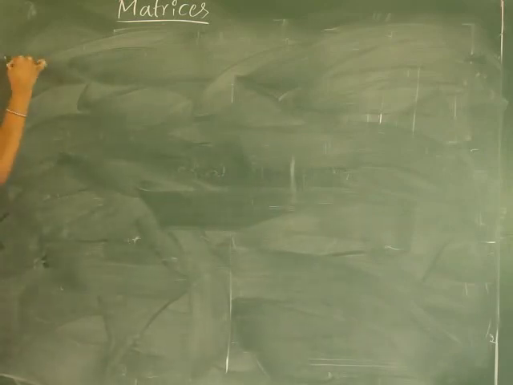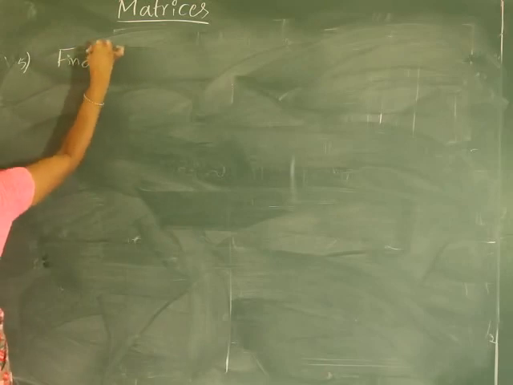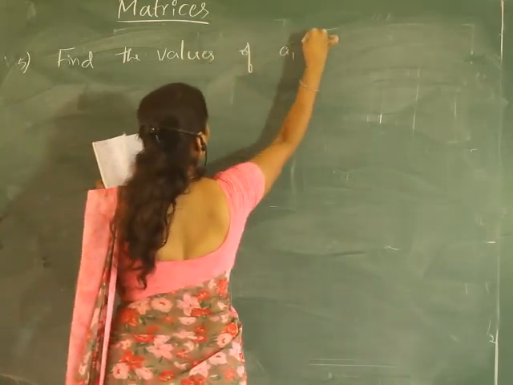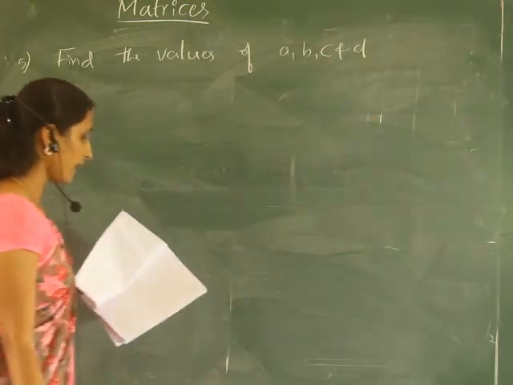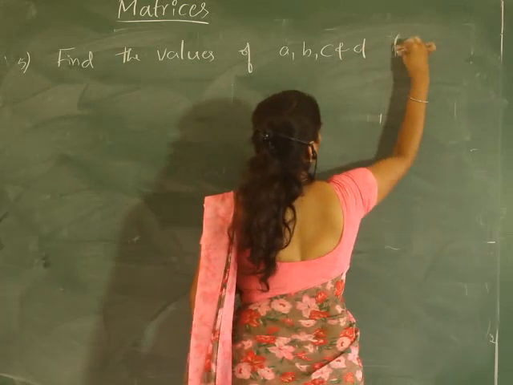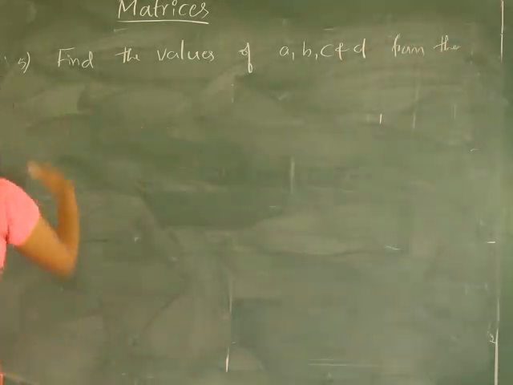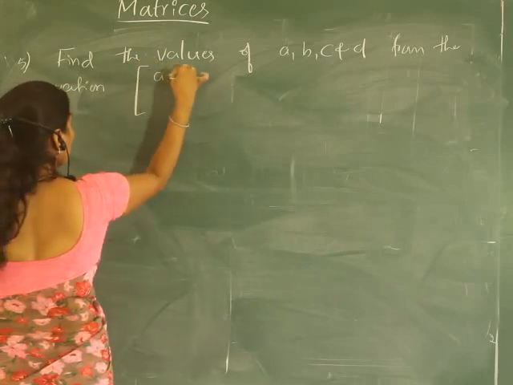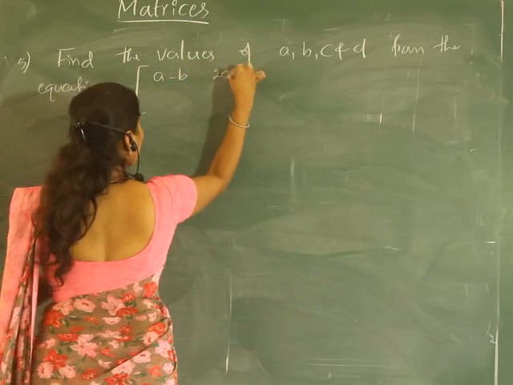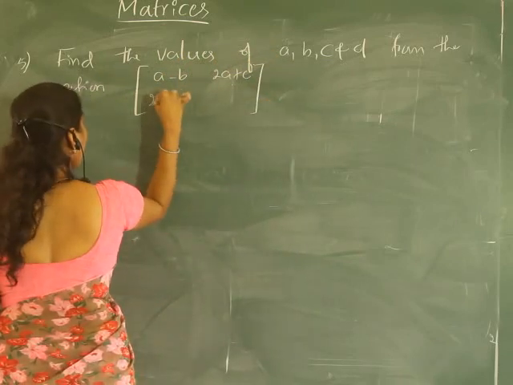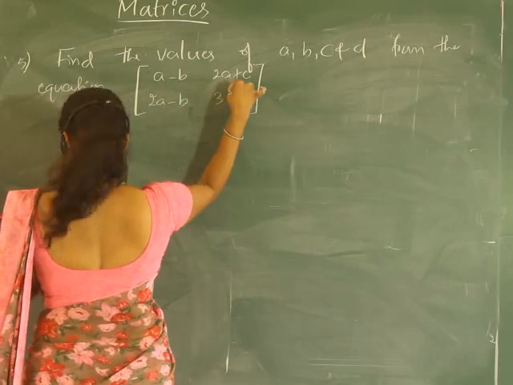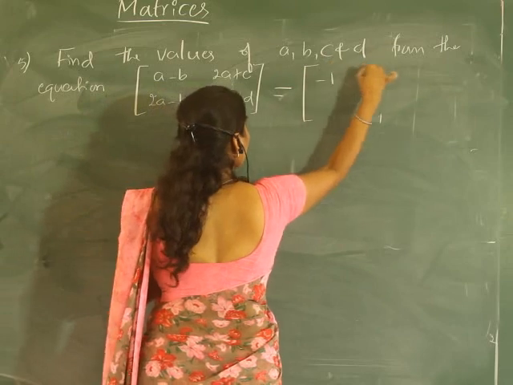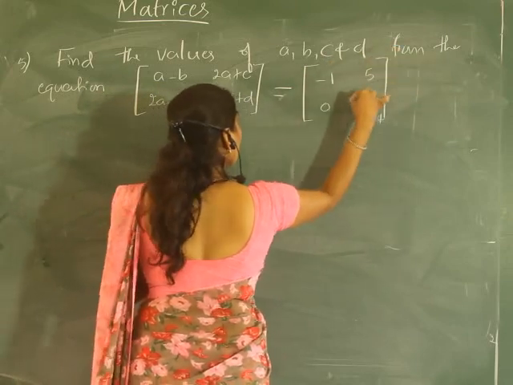Next, find the values of A, B, C and D from the equation: the matrix with entries A minus B, 2A plus C, 2A minus B, 3C plus D is equal to the matrix with entries minus 1, 5, 0 and 13.